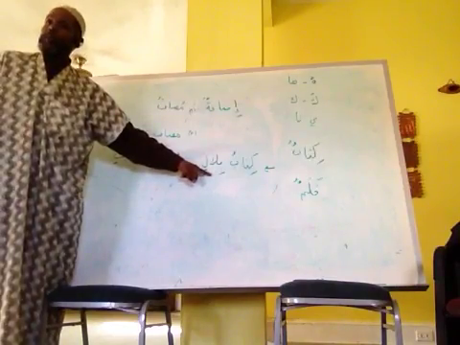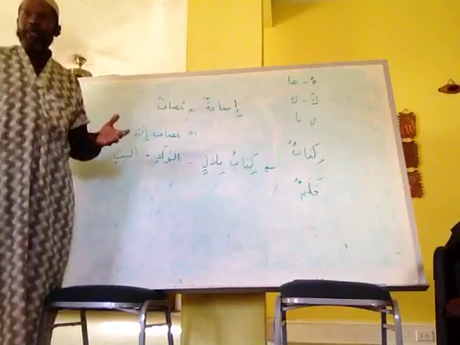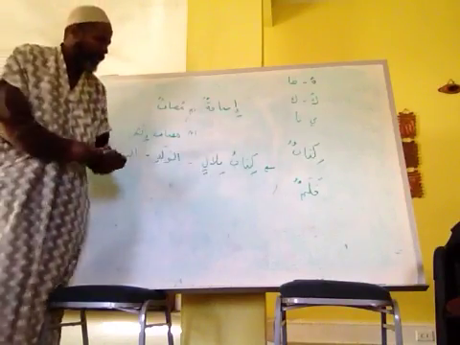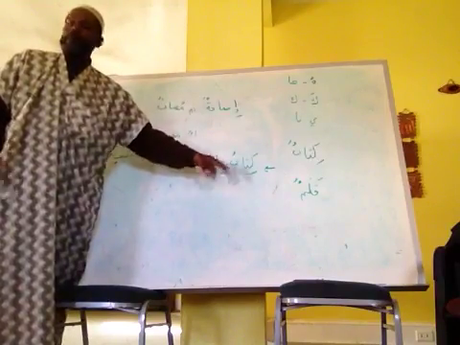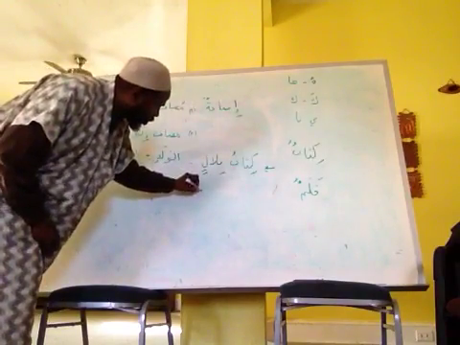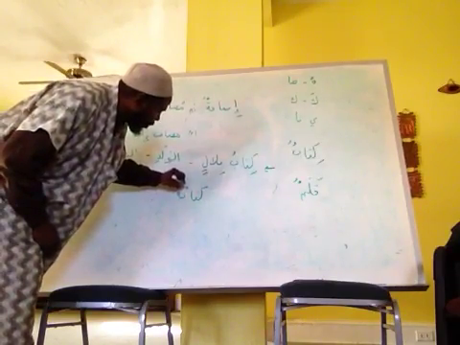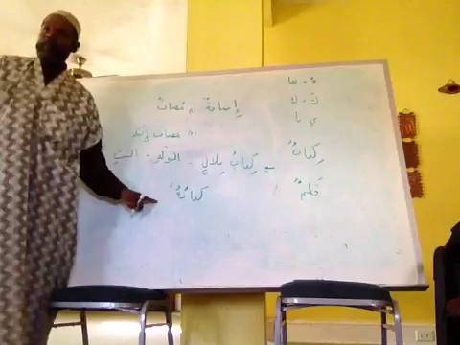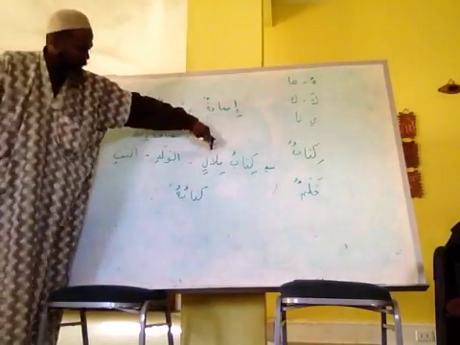We'll say hu, because we're talking in the third person, absence. So we're going to suffix the pronoun directly onto the word kitab. So now our new word is kitabuhu. So the pronoun is taking the place of the noun.